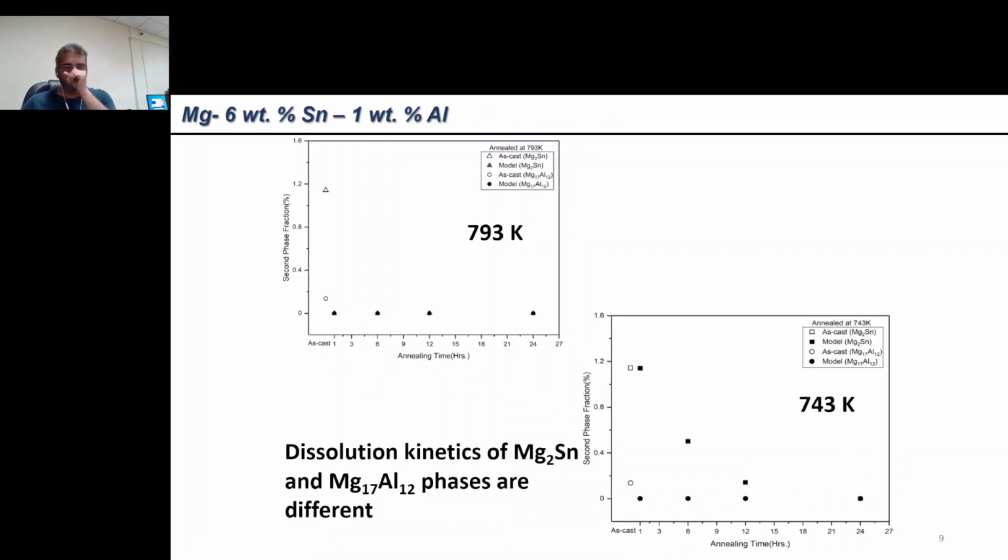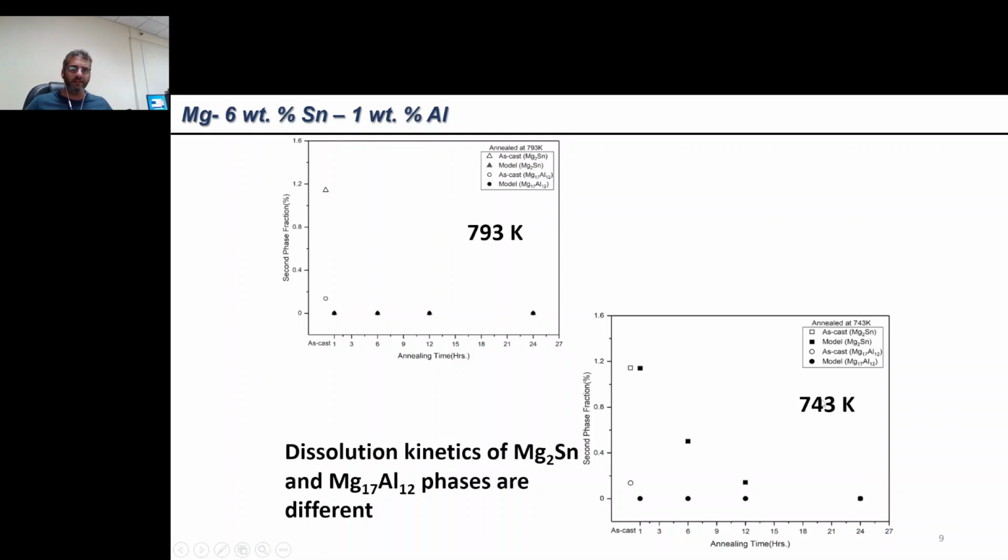Now, since we consider the simultaneous dissolution of both the phases, we can calculate the dissolution kinetics of Mg2Sn and Mg17Al12. What you see here is that at 793 Kelvin, both Mg2Sn and Mg17Al12 dissolve very quickly, within an hour.